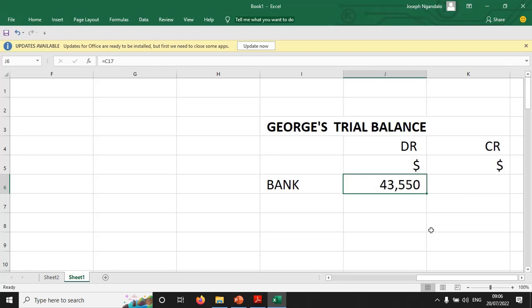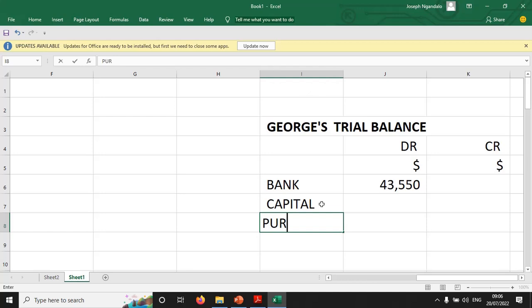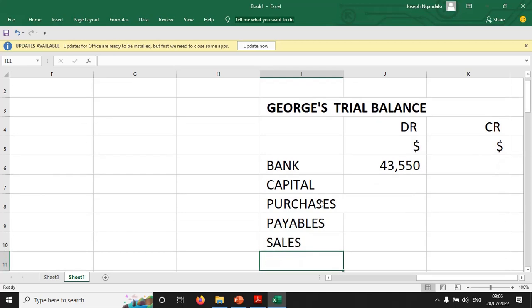All right? Can I proceed? I'm going to get on to capital. Let's just write all the accounts that we can remember. There is capital. There is purchases. Is that correct? There is what? Payables. There is what? Sales. There is what? Receivables. Is that correct?